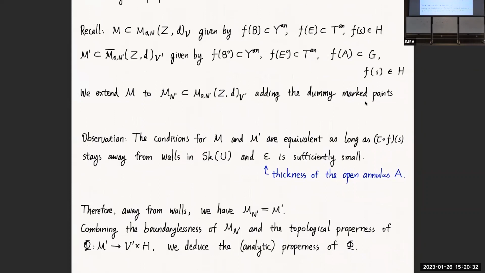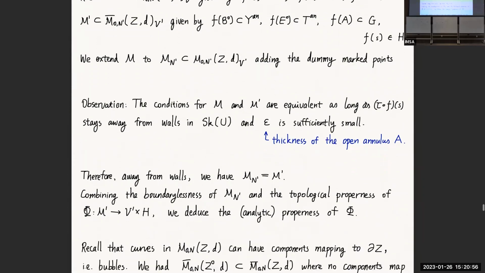So you may think that that's all we need. We get something proper, and that's the ultimate goal we want. But just remember that in our moduli space, we have been allowing components of the curve to go to the boundary, but we don't really want that.